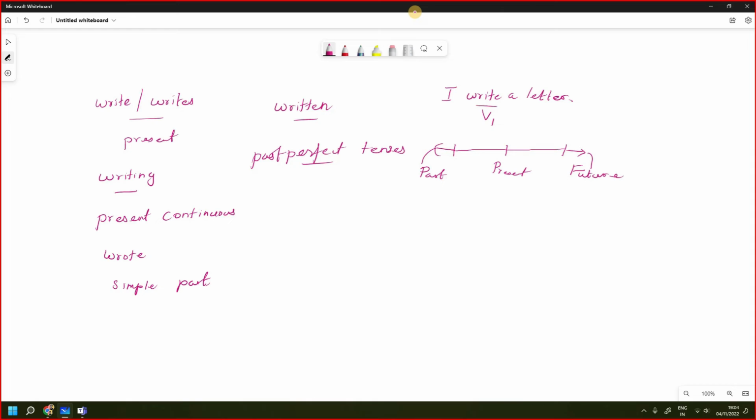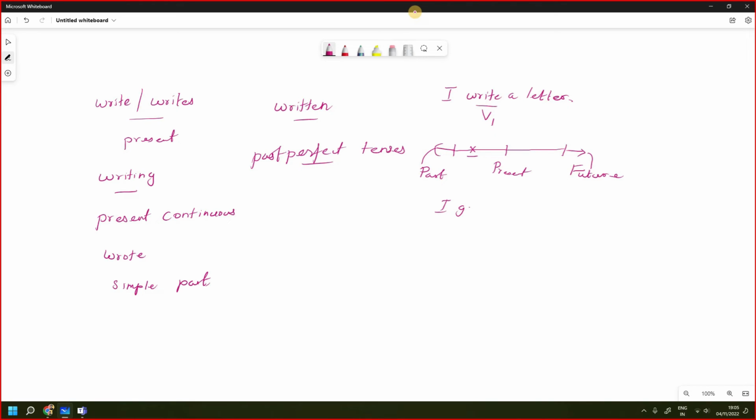From here to here it is present. So when I say I write a letter, I'm talking about the action that is happening, somewhere here.